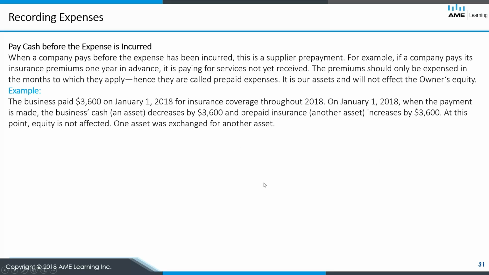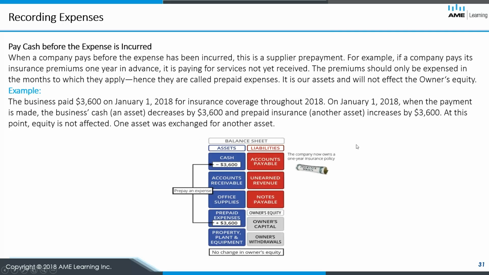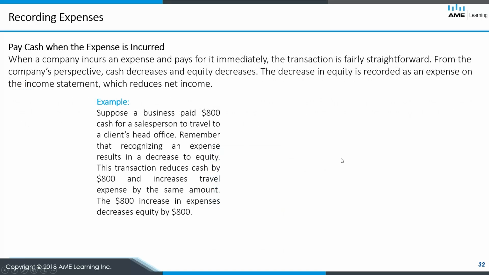But then at the end of each month, as the contract elapses over time, we're going to record 1/12 of that expense every month and reduce the value of the asset by 1/12 every month. So here you can see cash goes down, prepaid expenses go up, and that's just when we pay for the policy. And then over time, at the end of each subsequent month, it will go down in this instance by 1/12 because it's a 12-month contract.